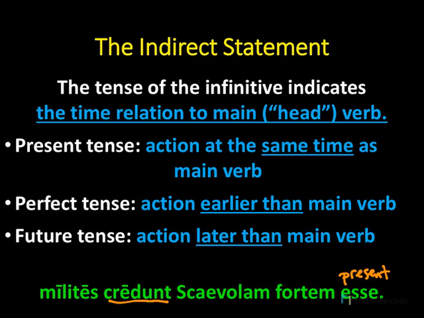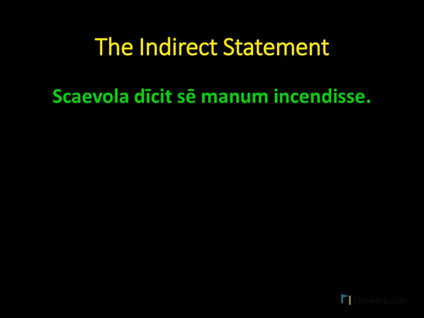To explore the concept of this time relationship, I think it's best for us to look at a handful of examples. You'll find these on your handout, so be sure to follow along. Our first one is Scaevola dicit se manum incendisse. So in this sentence, dicit is our main verb and incendisse is our infinitive.